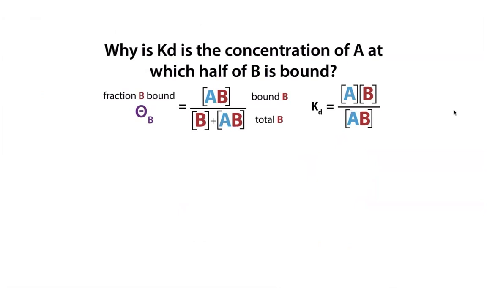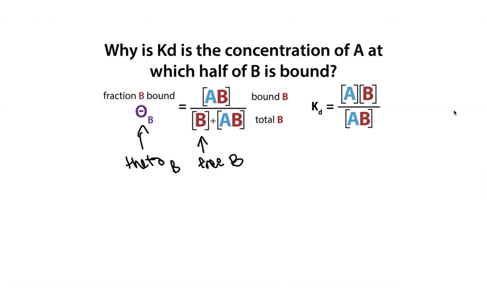Let's go back and talk about why Kd is the concentration of A at which half of B is bound. Remember that we could talk about that fraction of B bound as theta B. So this is our theta B. What does that really mean? It's going to be our bound B over our total B. So the concentration of AB over the concentration of free B plus the concentration of AB, so unbound and bound.